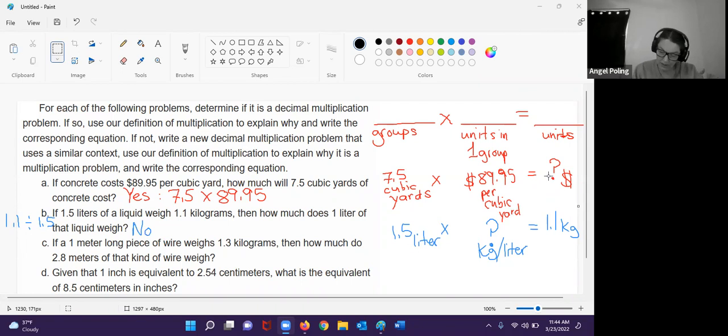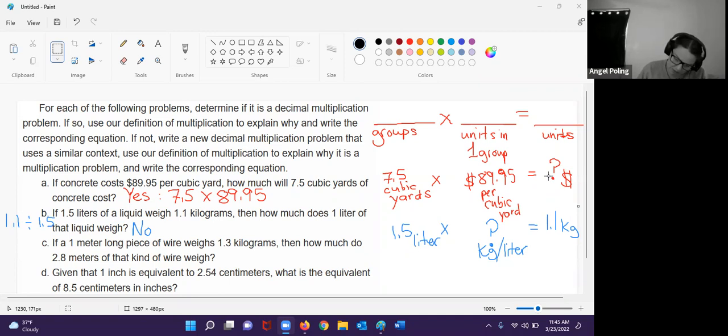So right now this is a decimal division problem. So they want us to write a new problem with similar wording so that it does ask an appropriate question. And then what would that equation look like? If we were to change this one, we would want to say something like, 1.1 kilograms is how much 1 liter weighs. How much does 1.5 liters weigh? So we would want to switch those two around.